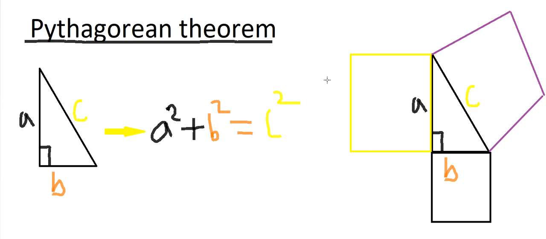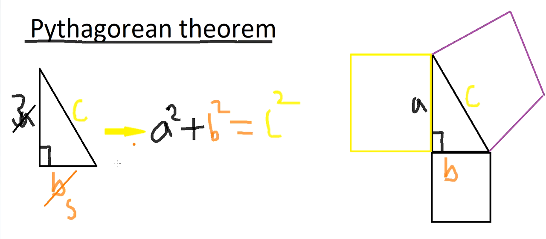So basically, let's do a problem. You're told that your A is 3, and your B is 4.